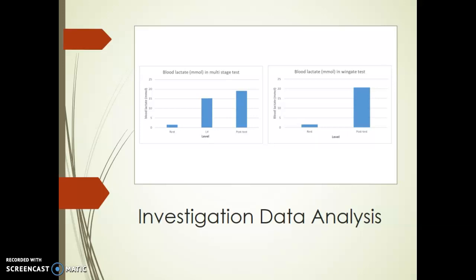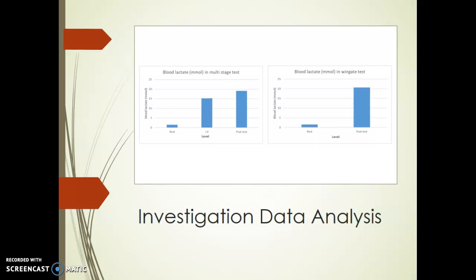In the multi-stage test, the blood lactate increases dramatically from rest to level 4 because when the glycolytic system is used after 10 seconds, it produces a lot of lactic acid which lasts around 2 to 3 minutes. Therefore, the more the glycolytic system is used, the more lactic acid is produced, causing the blood lactate to increase all the way to the post-test.